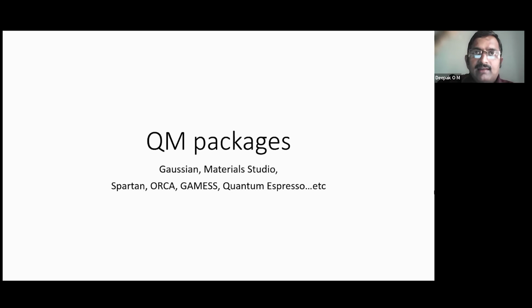There are well written algorithms for solving the Schrodinger equation for various systems in various contexts. Some of the tools are Gaussian, Material Studio, Spartan, Orca, Gamess, Quantum Espresso, etc. Some of them are free and some are paid. Orca, Gamess, Quantum Espresso, etc. are free; for academic purposes you can download them and utilize them for learning purposes.